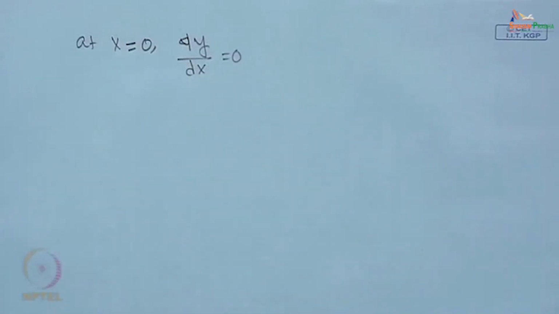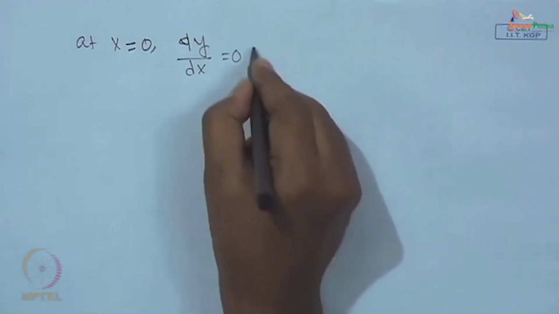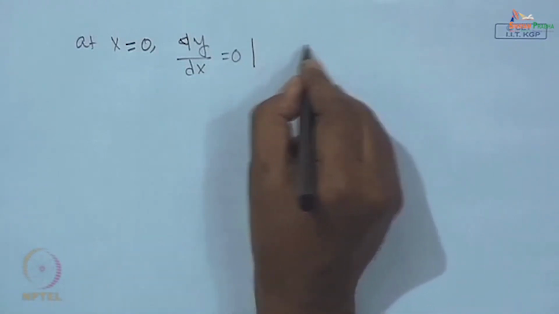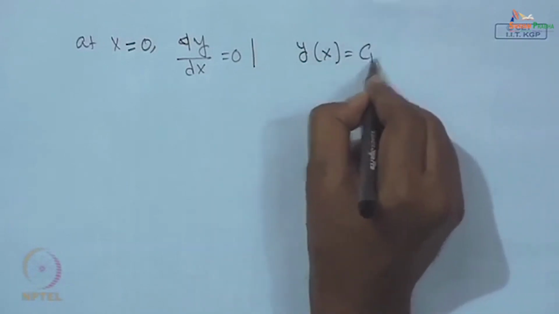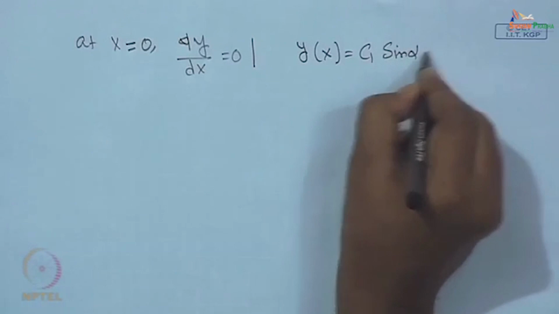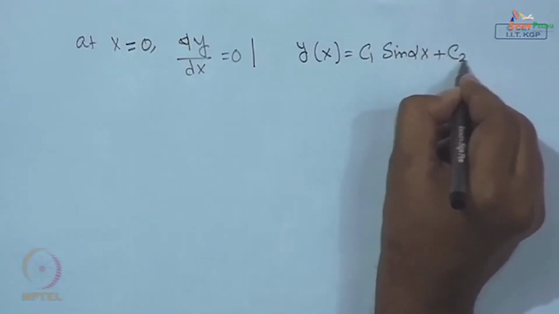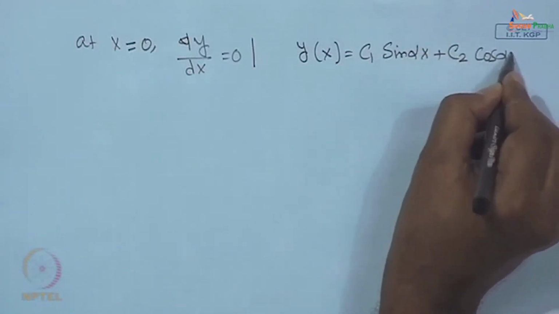If we put this boundary condition, let us see what is our solution: y as a function of x is nothing but c1 sin alpha x plus c2 cosine alpha x.